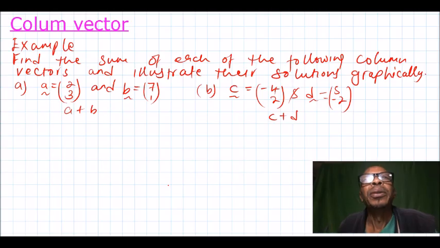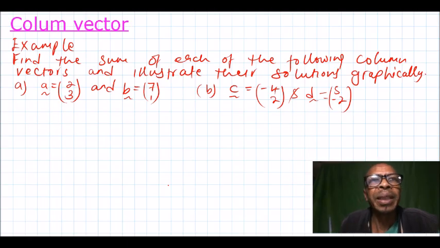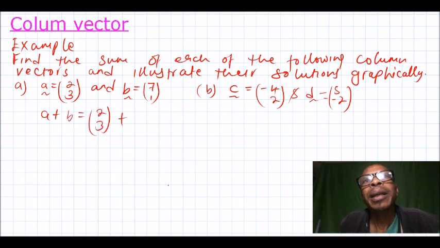How do we do that? Since A plus B, the sum of these two vectors, A plus B, is equal to (2, 3) plus (7, 1).